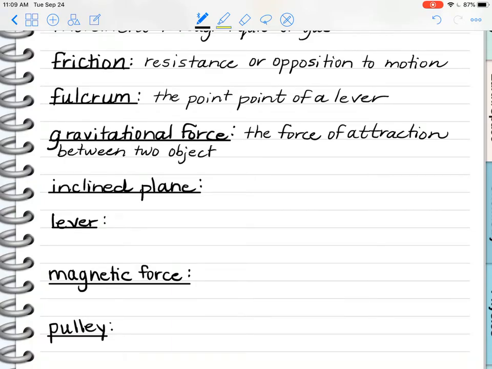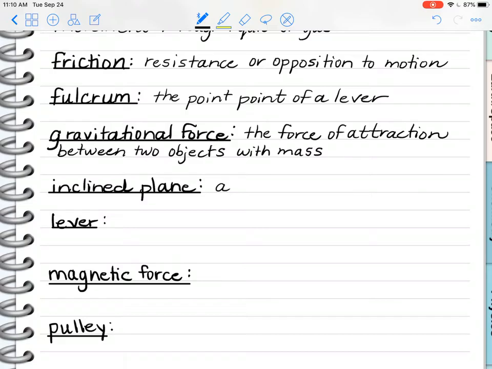For example, the Earth and the Moon. We talked about this back when we talked about Earth science. Gravity is what holds the Moon and the Earth in tandem so that they can rotate and orbit together. Gravitational force is a force of attraction.